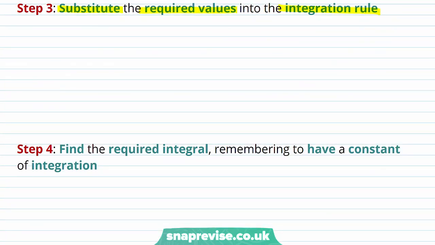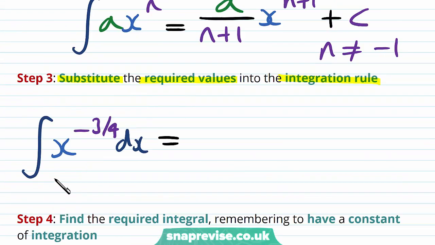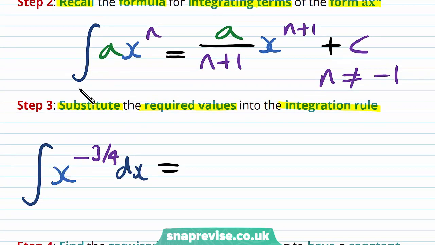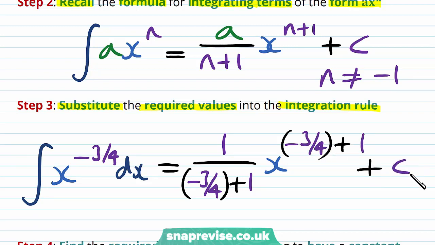So when we integrate x to the power of minus 3 over 4 with respect to x, and we use our rule above, our a value is clearly 1, there's no constant outside, and then we divide by the new power, which is the old power plus 1, and then we have our x to the power of our old power plus 1. And on the end, of course, we have the plus c.